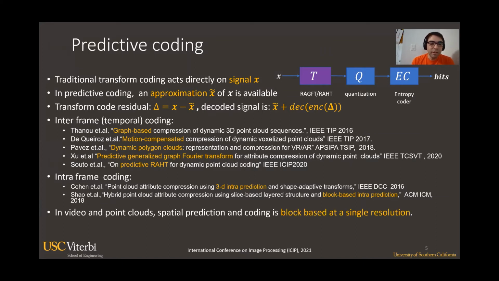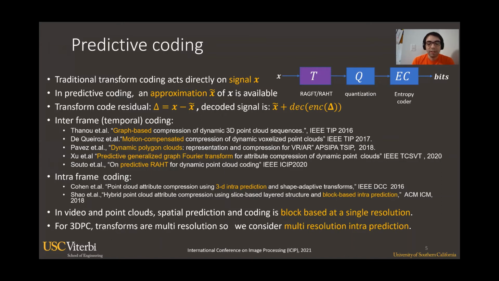So in video and in particular in point clouds, previous works on intra-predictive coding have used block-based prediction and at a single resolution. And one of the challenges for 3D point clouds is that the best transforms available are usually multi-resolution, so therefore intra-prediction has to take this into consideration.